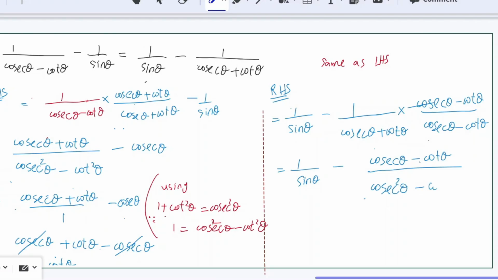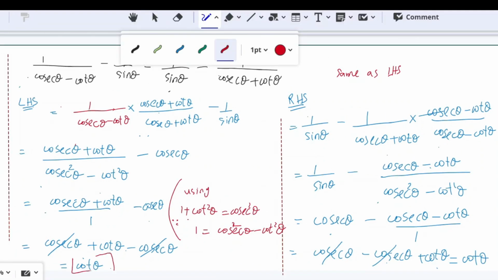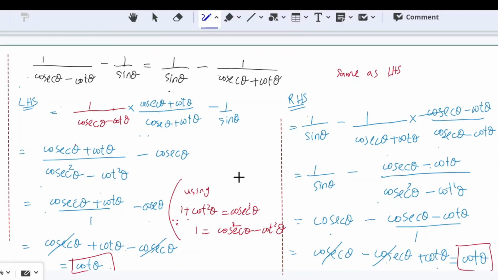Apply the formula which converts into 1, and 1 over sine converts into cosecant. So cosecant minus cosecant plus cot, because the minus outside will be multiplied, you are left with cot theta. So you can see that left hand side and right hand side are the same, so the question is proved.